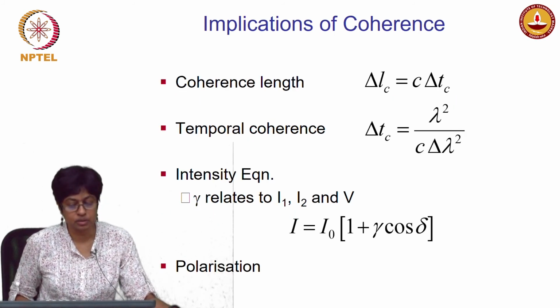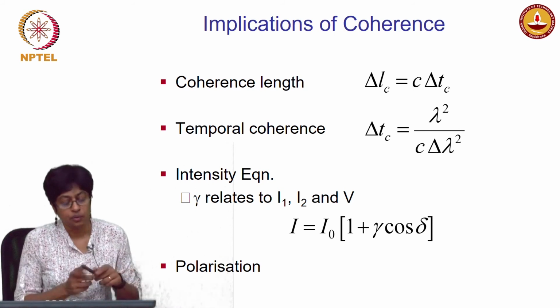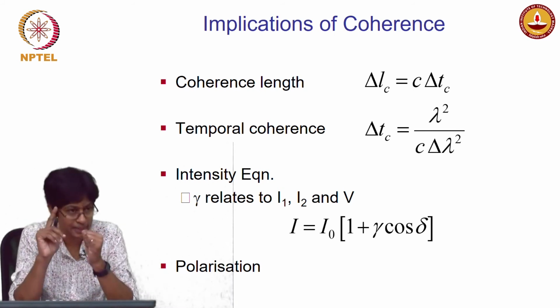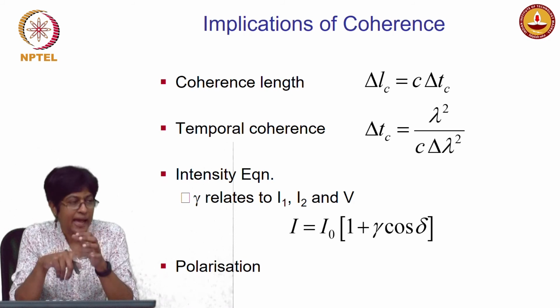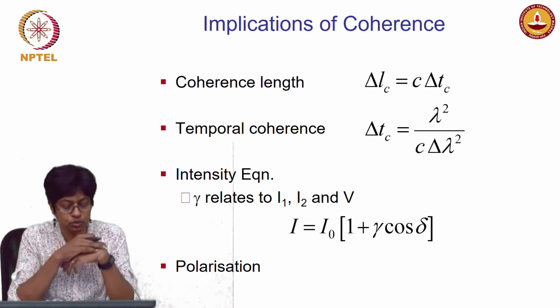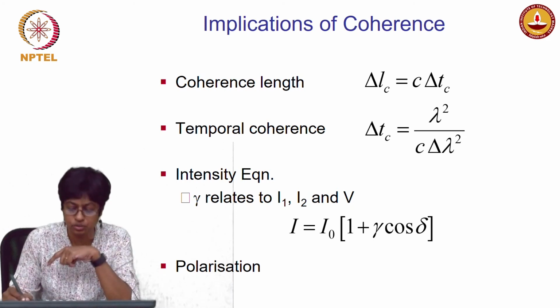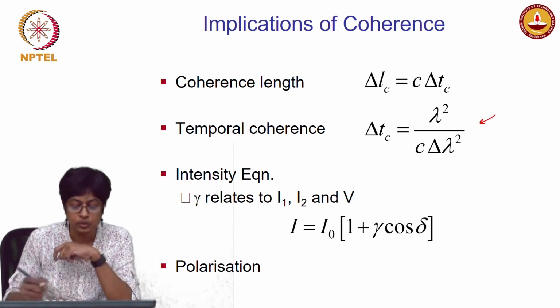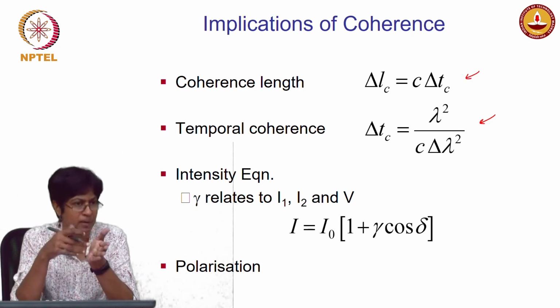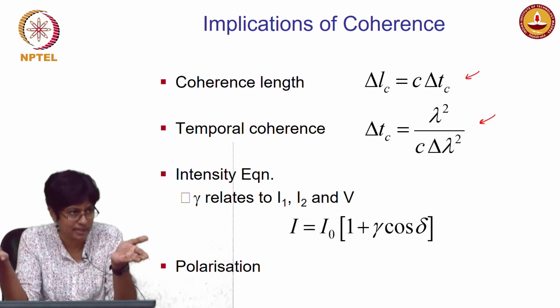So, just to put down some of those equations again, we talked about the temporal coherence and how you can relate that to the coherence length. So, temporal coherence is nothing but that 1 over delta nu. So, that is this relationship. We relate it to a length. So, how much does light travel in that time?